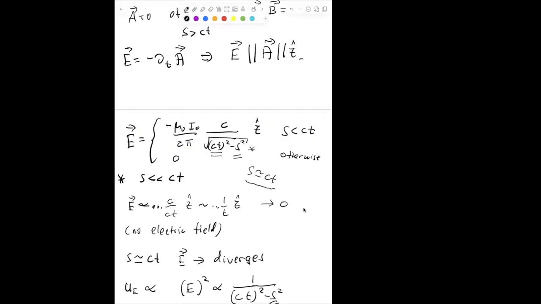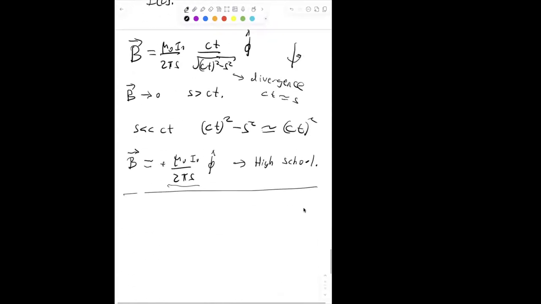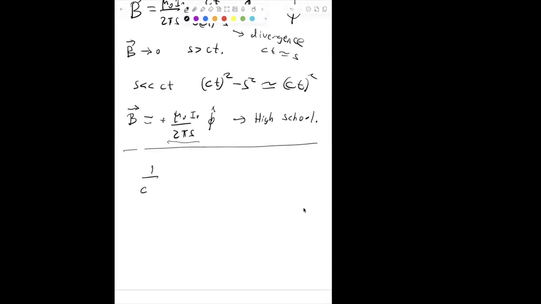And when epsilon goes to 0, it will blow up. This is the mathematical statement. It goes to infinity. So if you plot it, you can easily plot this function, right? 1 over the square root of CT squared minus S squared. And I plot it as a function of S. This is S, and this is S equals CT.